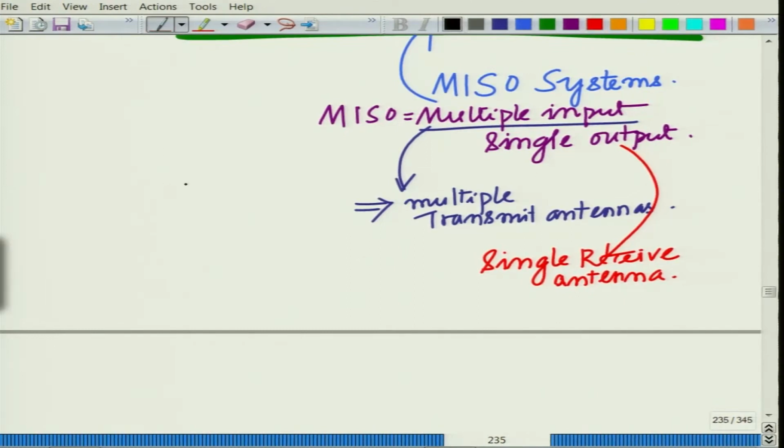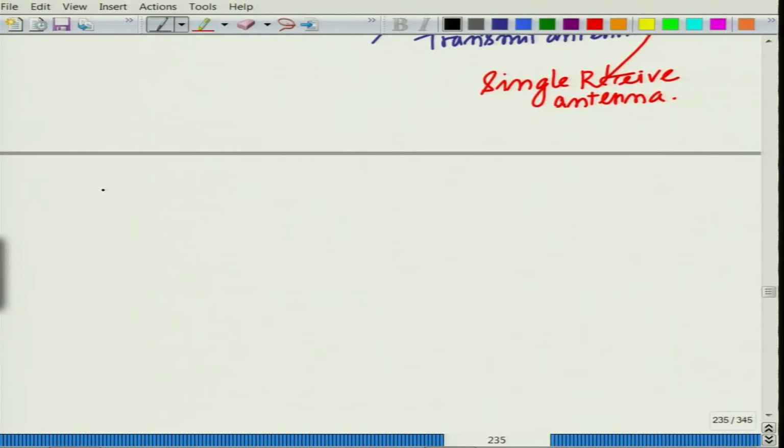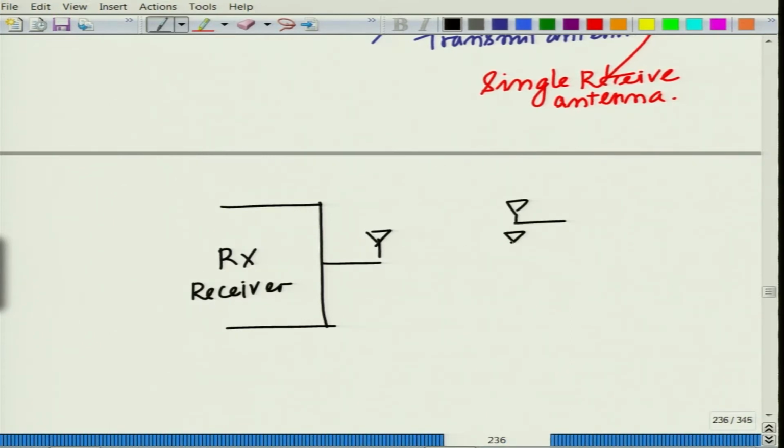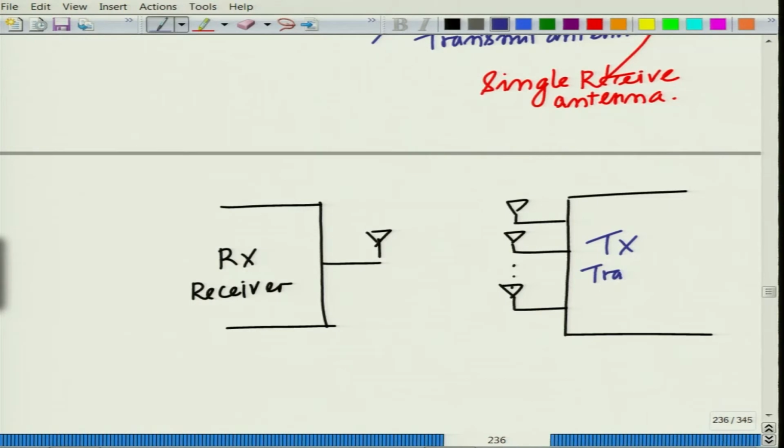So essentially the system looks like, you have the wireless communication system, you have the receiver which has a single antenna, and you have a transmitter which has multiple antennas, and between each transmit antenna and the receive antenna you have a channel coefficient.